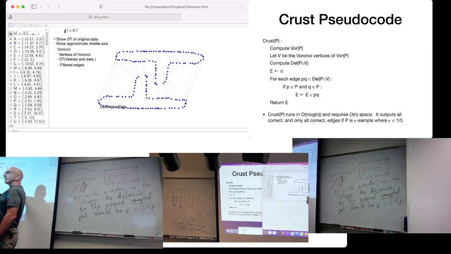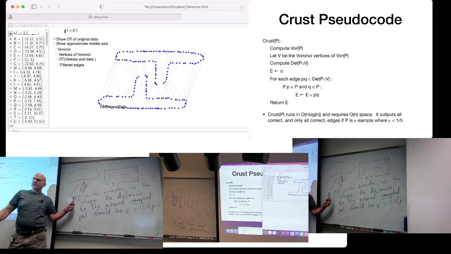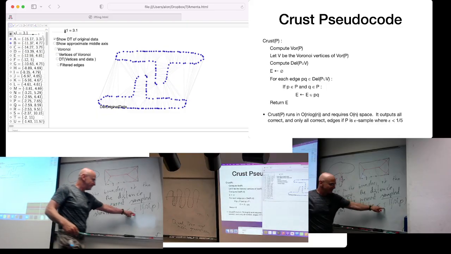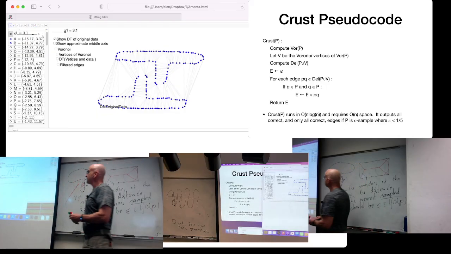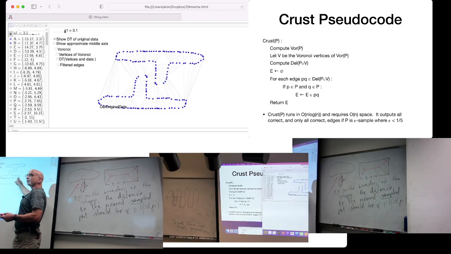And by the way, this condition that I wrote for the correct value of epsilon will say that each boundary edge of the original shape will be captured reliably, will appear as a Delaunay edge.